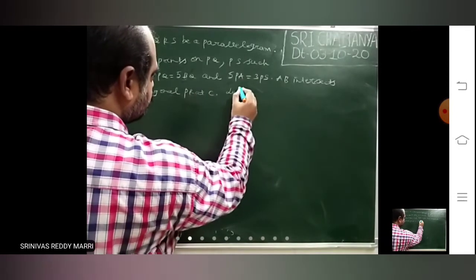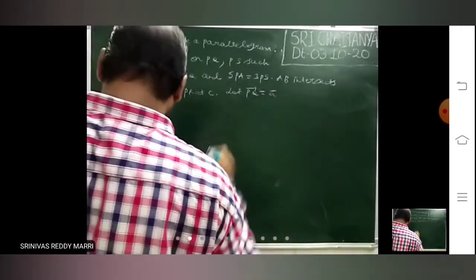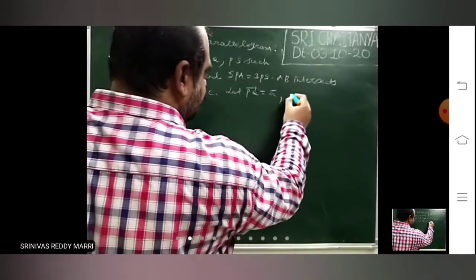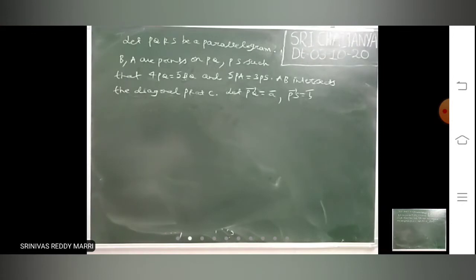Let PQ bar equals to A bar, comma PS bar equal to B bar. So what he is telling is two questions.